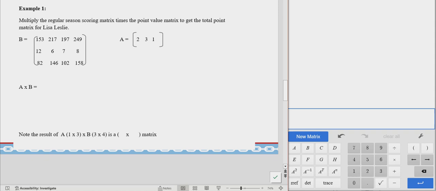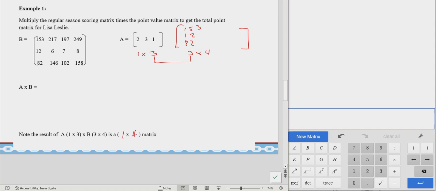So here's my A. It is a 1 by 3. And I'm going to rewrite my B matrix over here. It is a 3 by 4 matrix, fairly large matrix. And I'm just going to write this first column down for now. Yes, these inside terms match. So I know that my product matrix is going to be a 1 by 4 matrix.